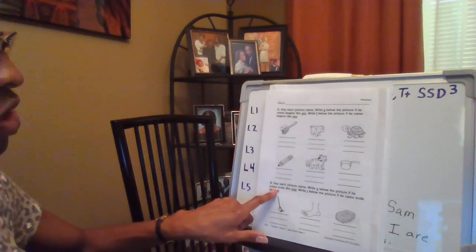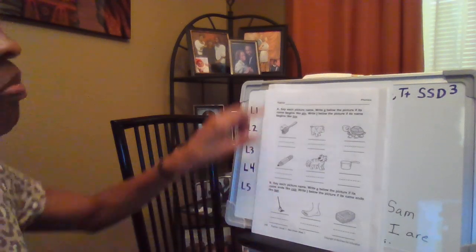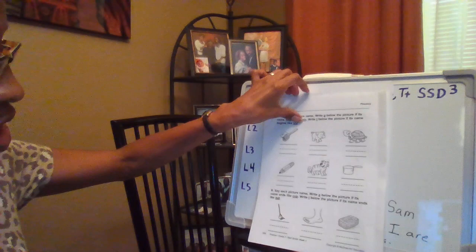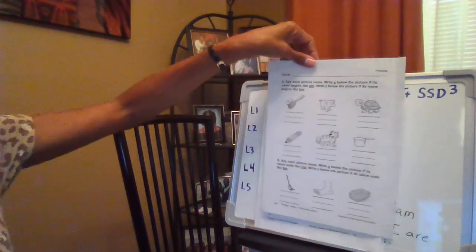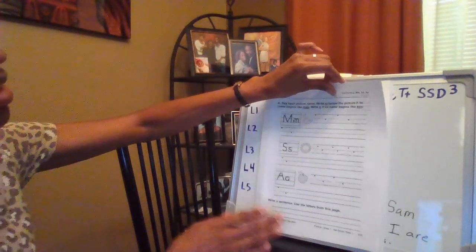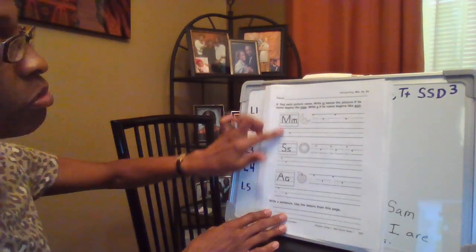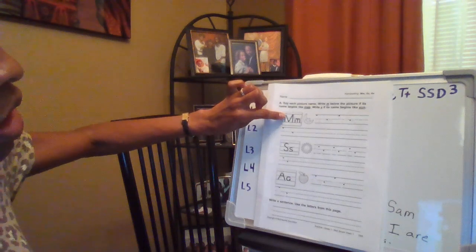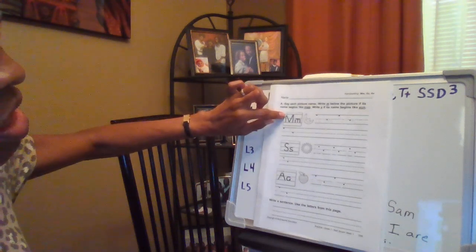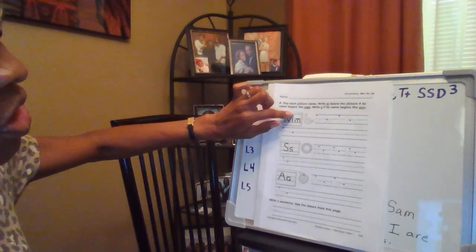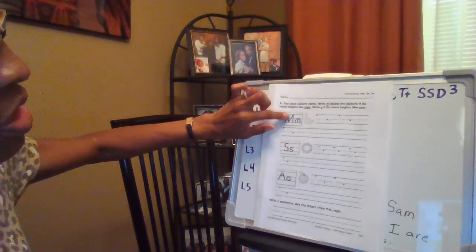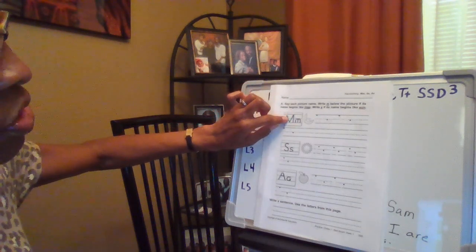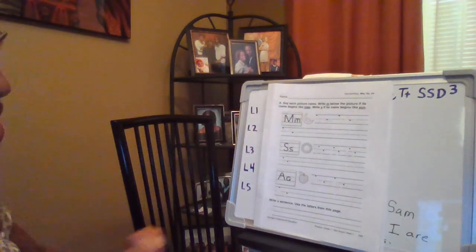Okay, so make sure you follow the directions here. And then you're going to post page S5 to your Seesaw journal. Okay? And then you're going to be handwriting. Make sure when you handwrite, you follow the numbers. So the capital M has 4 sticks altogether, 2 straight sticks and 2 slanted sticks.